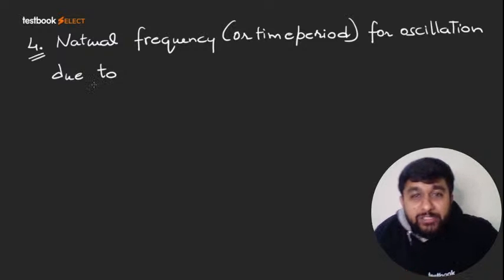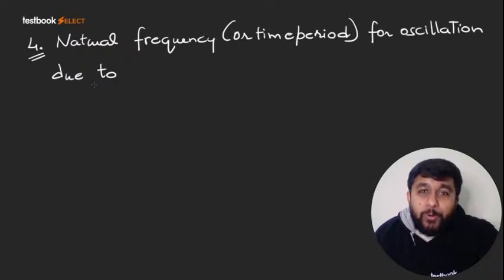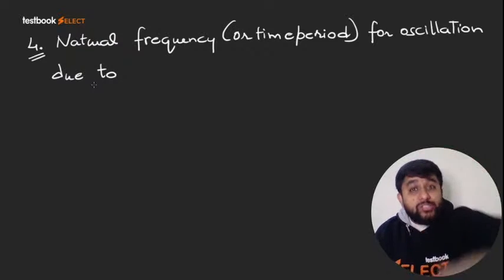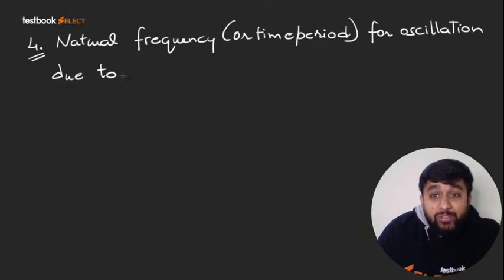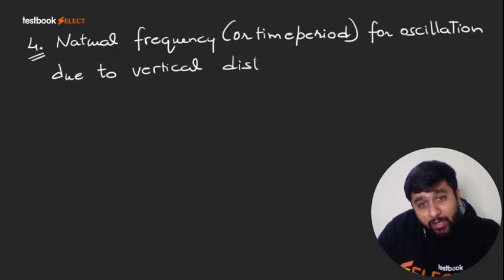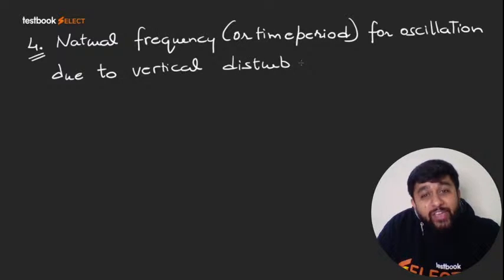So vertical disturbances like tides. So tides result in vertical disturbances, vertical displacements, oscillations of the ship. So natural frequency for oscillation due to vertical disturbances. Okay.